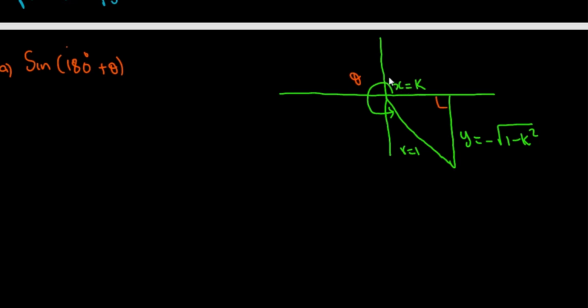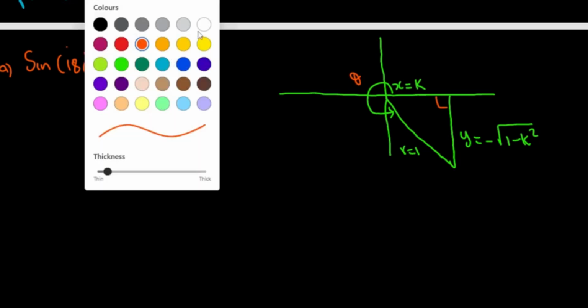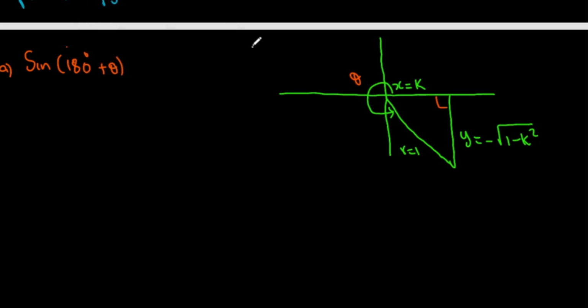When we read from the diagram, the first thing you need to do is reduce the sine of 180 plus theta using the reduction formula. So 180 plus theta is in quadrant 3. How is sine in quadrant 3? It's negative. This will be negative the sine of theta.